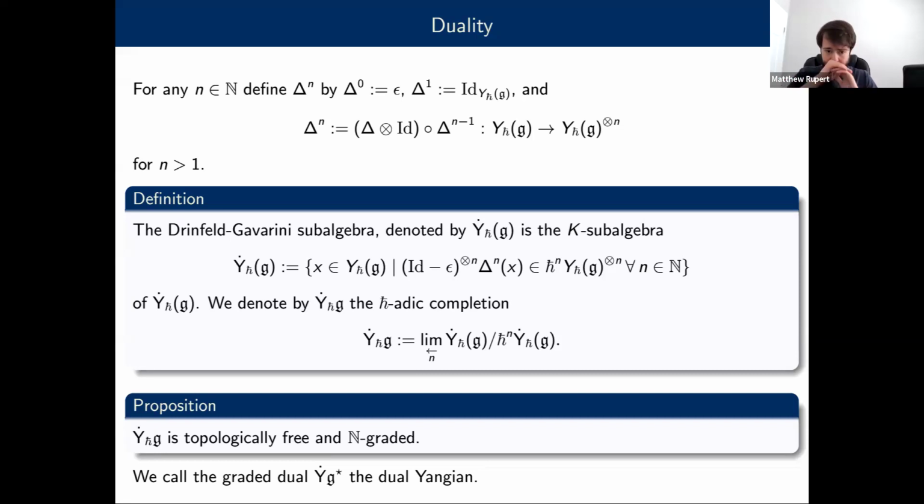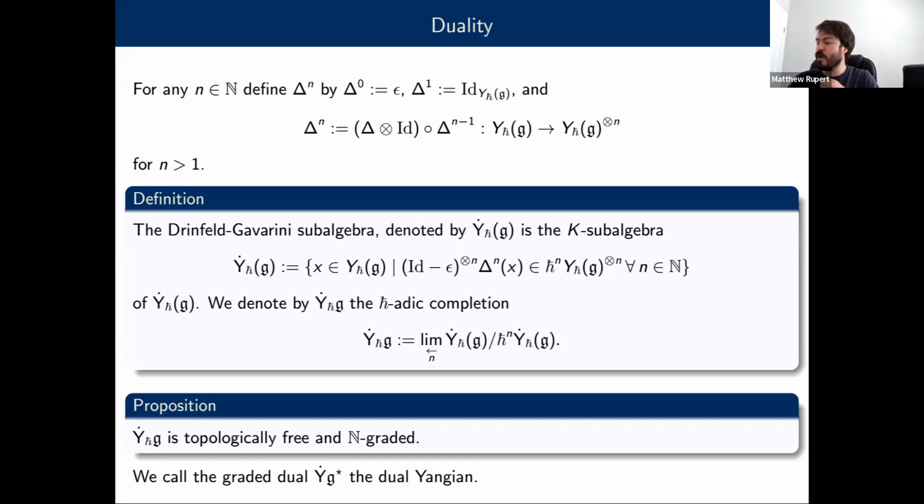And we'll denote by y dot, where we just drop the brackets, the h-adic completion of this space. So this is a topologically free n-graded K module. And because it's n-graded, we can take its graded dual, and we call the graded dual the dual Yangian.